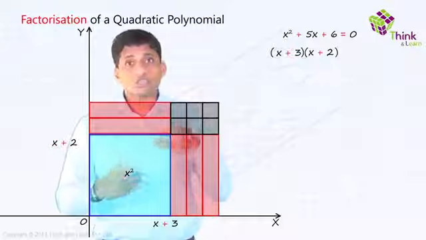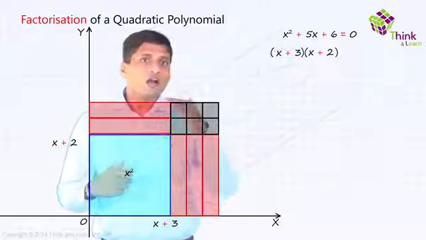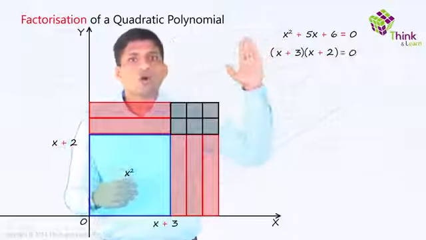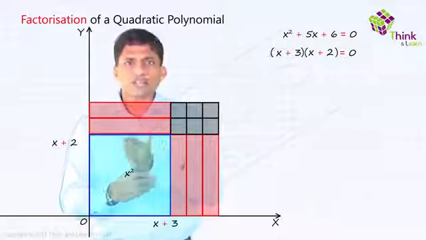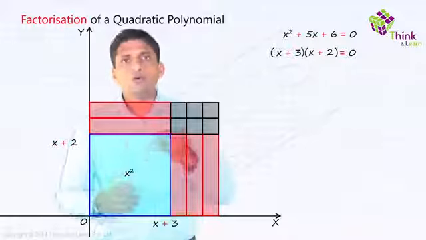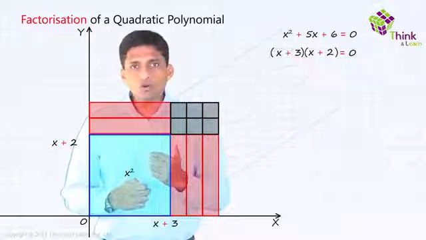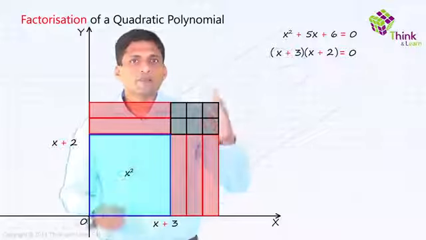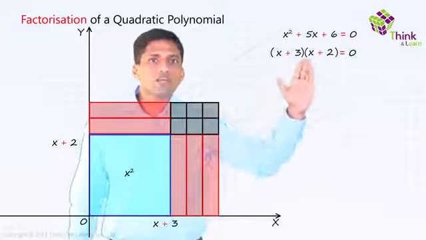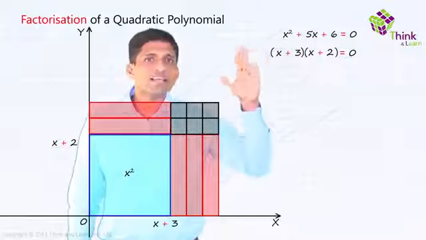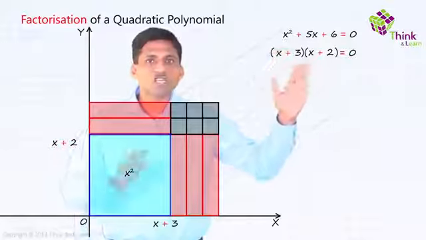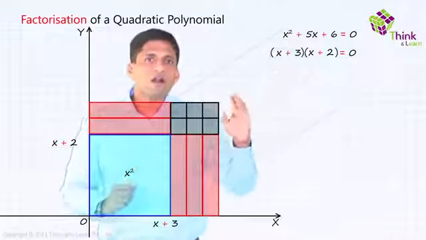Now next, using the same thing, if I make it equal to 0, I'll get a quadratic equation. So the solution for that is very easy to visualize here. That's what I'll do next. Now we can find the roots of the equation also. We already got x plus 3 into x plus 2 equal to 0, where visualizing x plus 3 is actually the length and x plus 2 is the breadth of this particular rectangle.